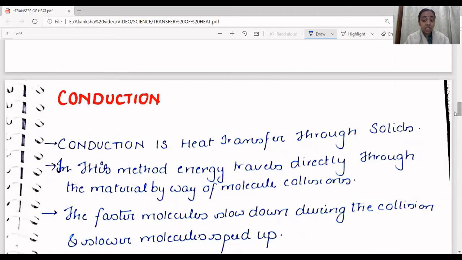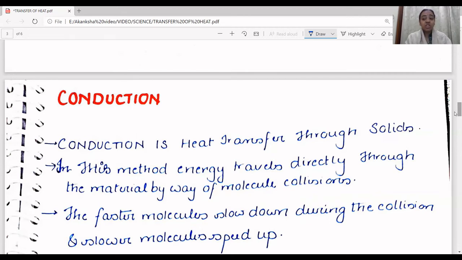Now, conduction is heat transfer through solids. So just now when I mentioned a metal utensil being kept on a flame, that type of heat transfer, where the heat gets transferred to a solid object, is called conduction. Now in this method, energy travels directly through the material, right?